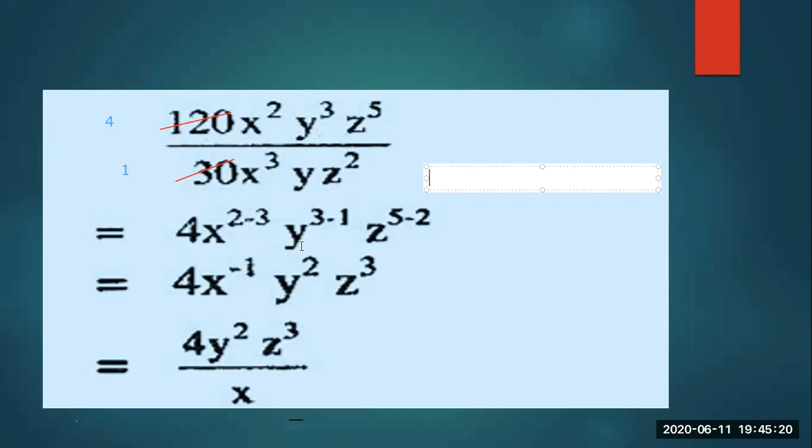Now y cube, in the denominator, the power of y is 1. Why is the power of y 1? Because if no power is written on the variable, it is automatically understood that the power of that variable is 1.